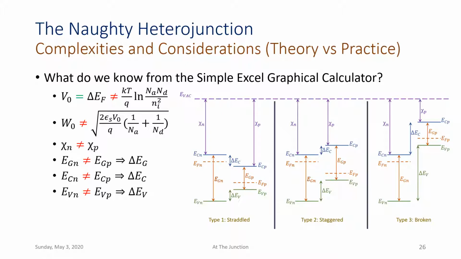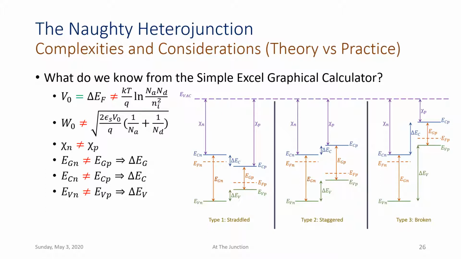The first type is the straddled or nested heterojunction, in which the energy bands of the narrow band gap material lie within the energy bands of the wider band gap material.